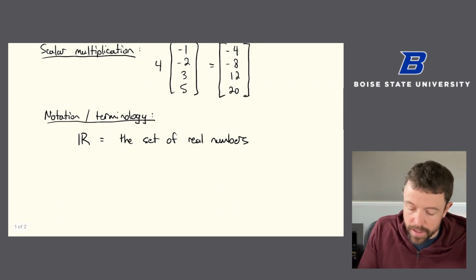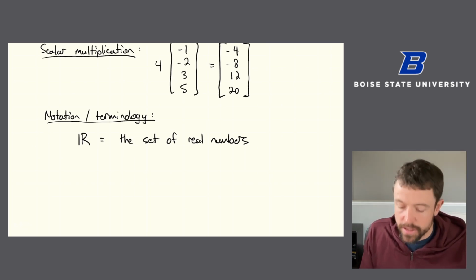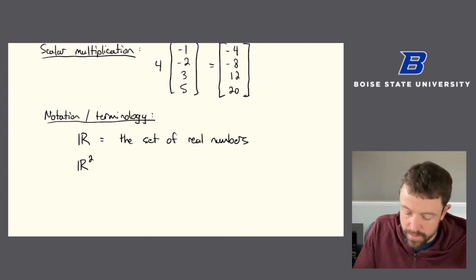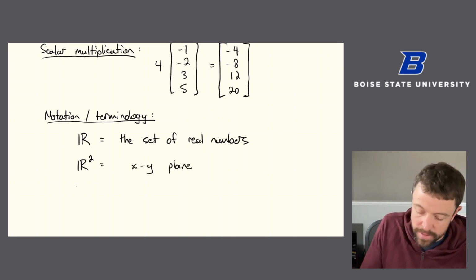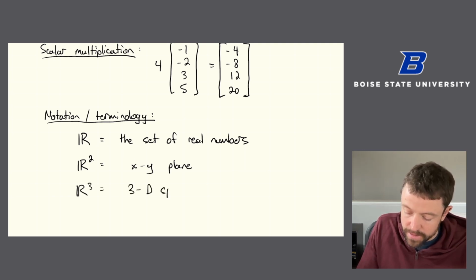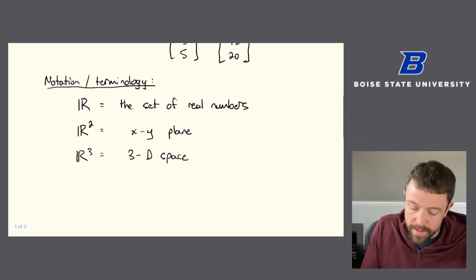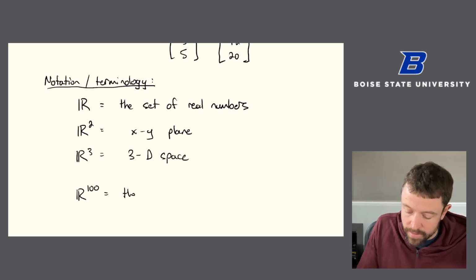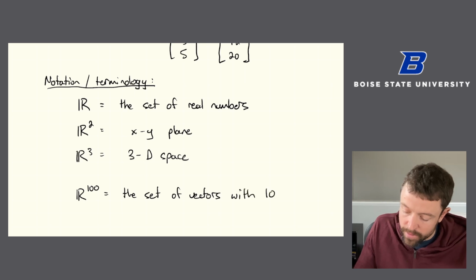So R is the set of real numbers, and as we start getting higher dimensional spaces, we're going to use exponents to represent this. So R^2 is the xy plane. It's 2-dimensional space. R^3 is 3-dimensional space. And R^100 is the set of vectors with 100 entries.